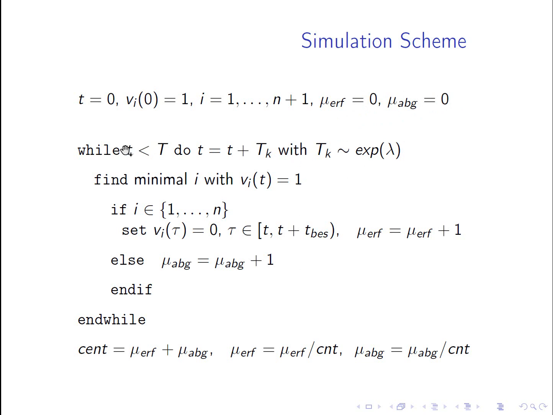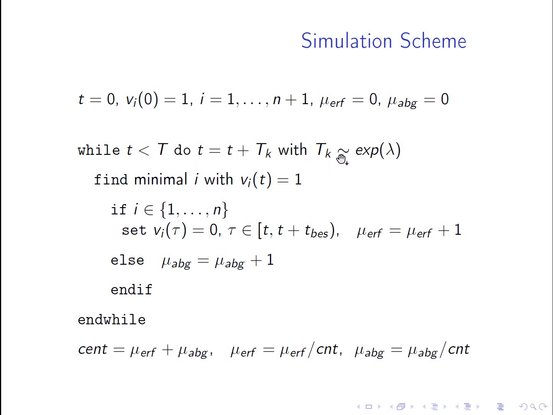Okay, and then while our running time is still less than the simulation horizon, we sample the next inter-arrival time, capital T_k, and increase the time. Well, that's the next customer or query which arrives.